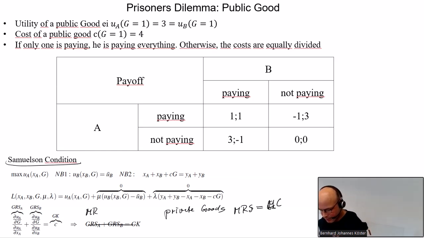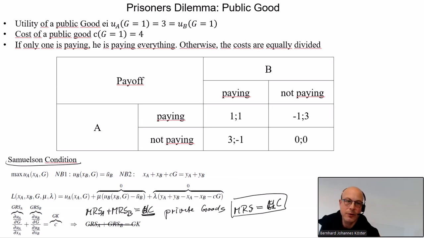So for public goods: marginal rate of substitution A plus marginal rate of substitution B equals marginal cost. For private goods, for every single individual, the marginal rate of substitution, your demand, is equal to marginal costs.